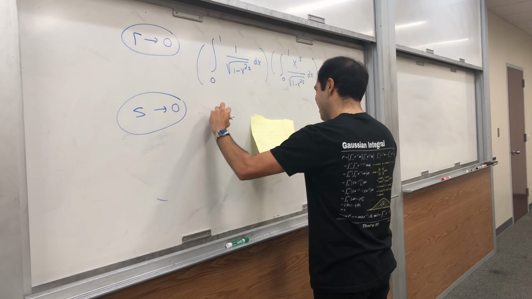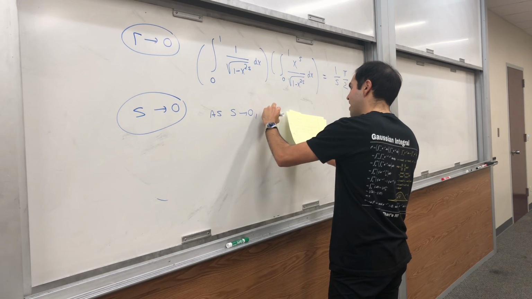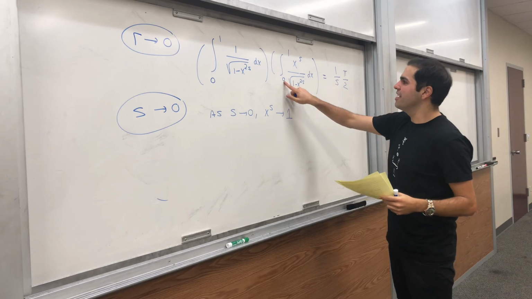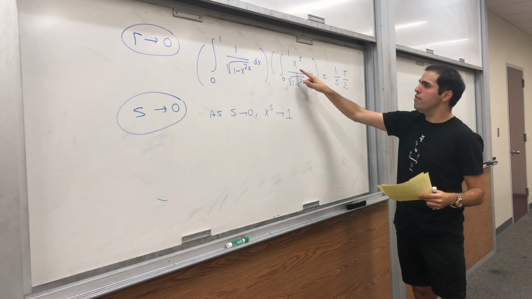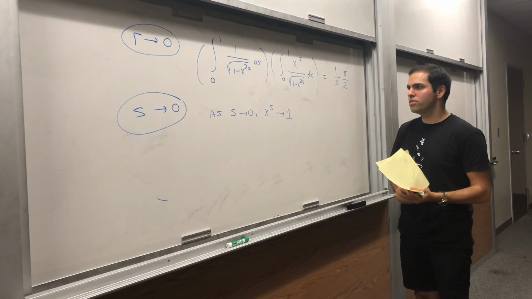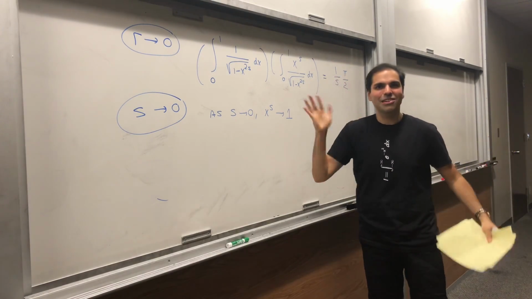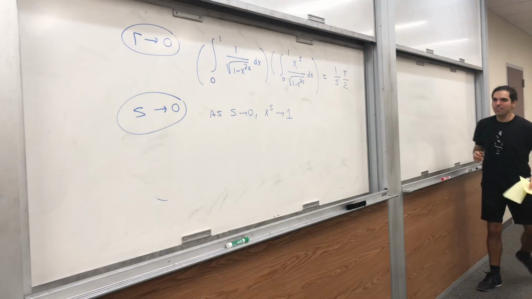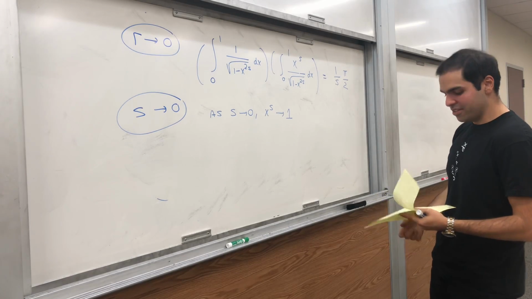So as s goes to 0, x to the s goes to 1. And again, let's ignore the fact that we're integrating from 0. Just for every positive x, pointwise, as s goes to 0, x to the s goes to 1. It's probably the pure math god being mad at me. So as s goes to 0, x to the s goes to 1.